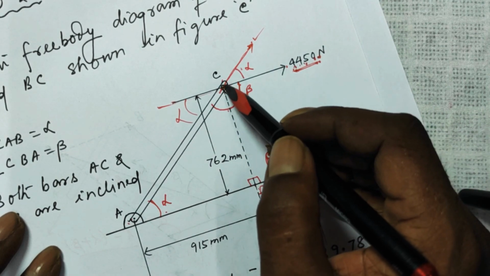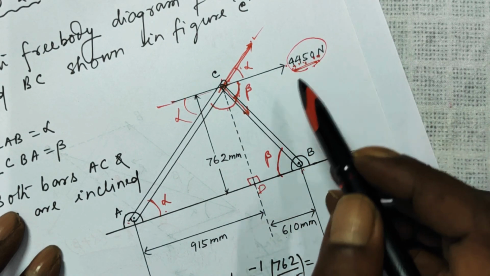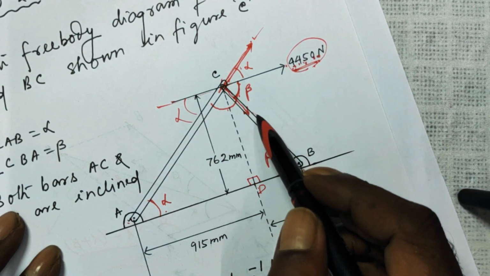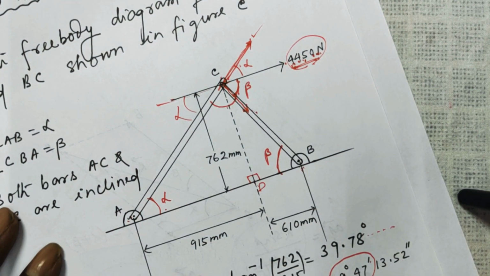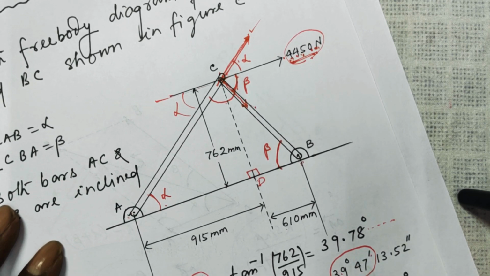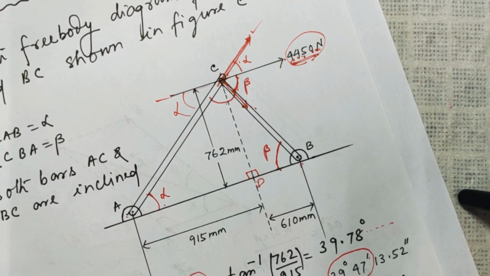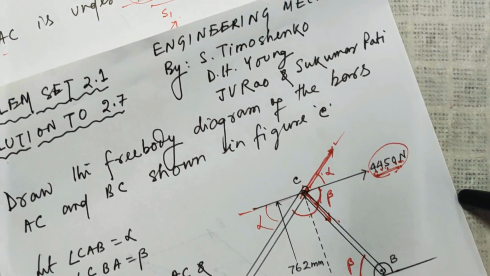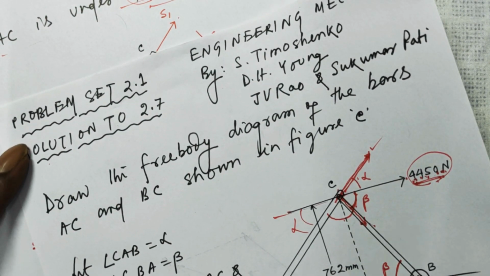You cannot say this one is equal to 4450 cos alpha and this one is equal to 4450 cos beta, because alpha plus beta is not 90 degrees. The cos alpha, cos beta terms come only if we have rectangular components. So that is all about it. Okay.